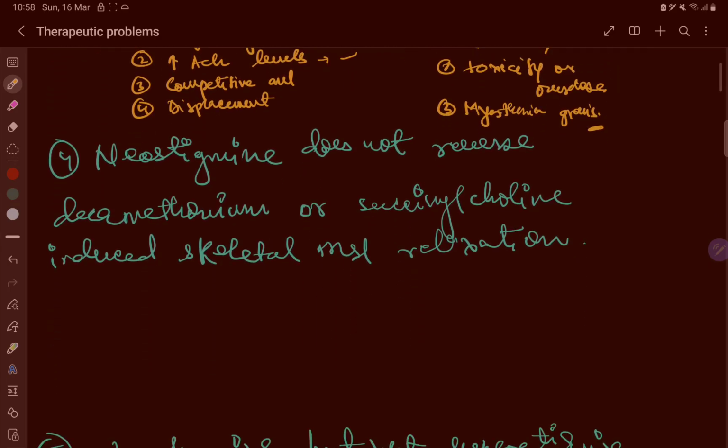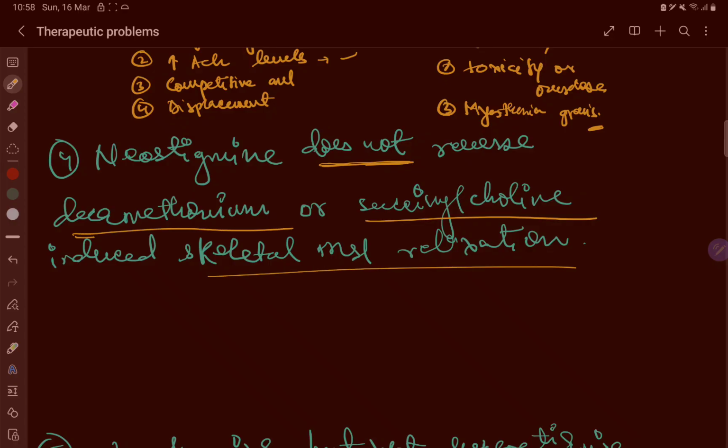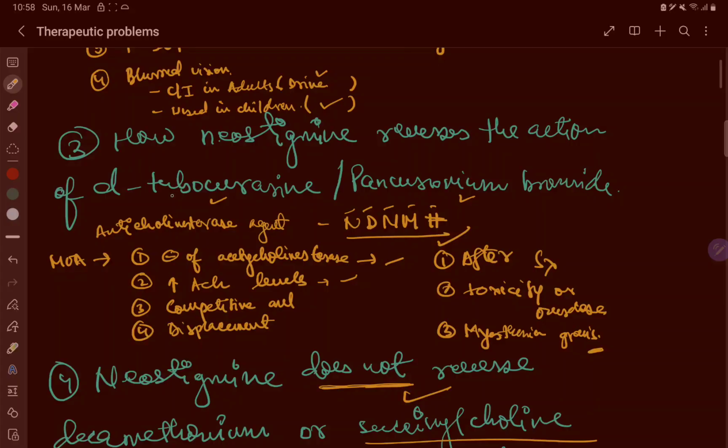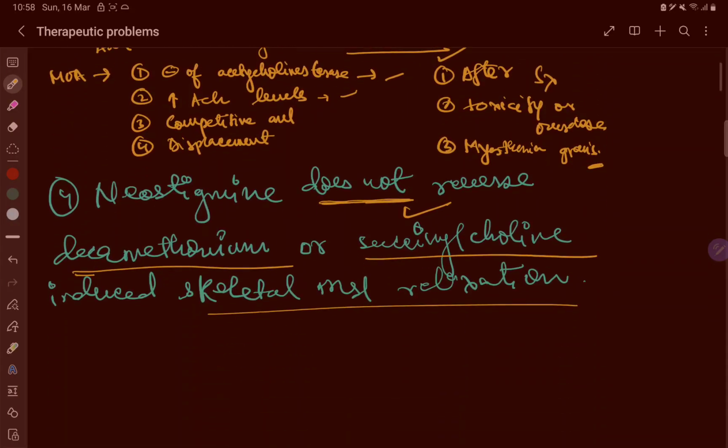Now, neostigmine does not reverse the succinylcholine or decamethonium induced skeletal muscle relaxation. Neostigmine reverses the tubocurarine or pancuronium, but it does not reverse the succinylcholine. How and why?